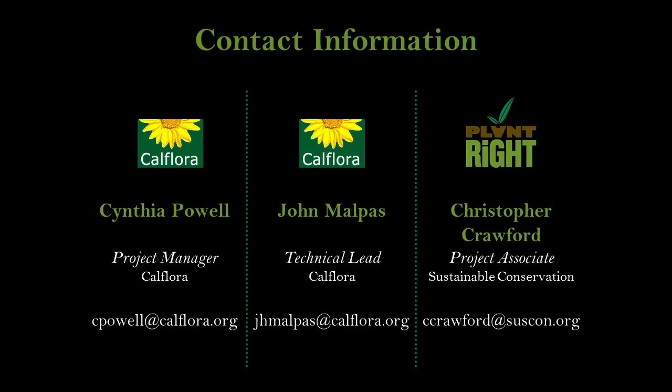Great, thank you, Cynthia. There's another question that came in for you and for John, asking about the occurrence data that shows up in CalFlora with the map of California, and does it show plant specimens that are found in the wild or in urban areas or in both? That's another great question.